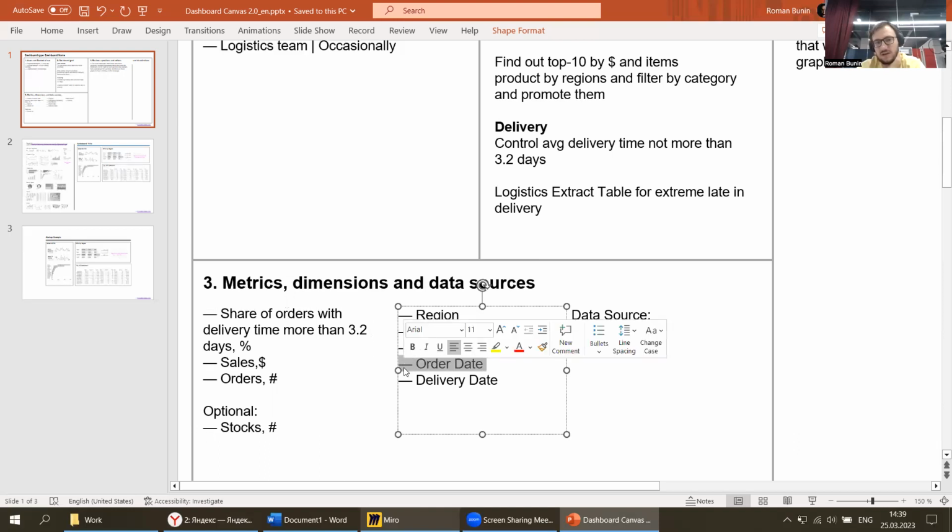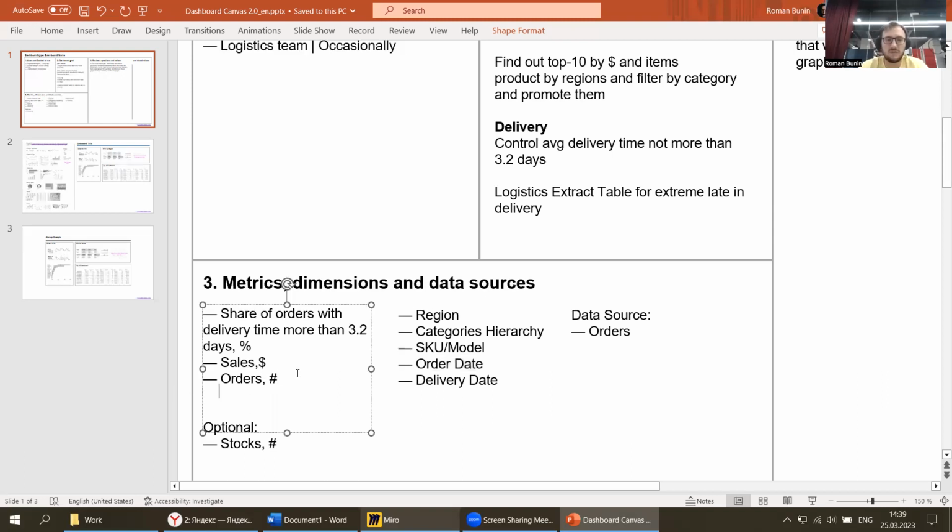We have just the order date, and it means that we can combine it whenever we want. We call week a metric, but usually it's also considered not a metric, but some product of metrics. So it's okay not to mention them. We have sales per week, orders per week, and so on. So I would place it here. No, you can place it, but it's not necessary in my opinion.